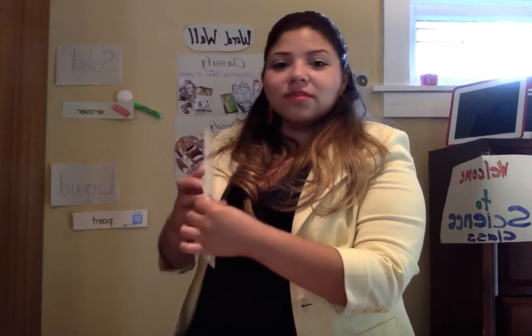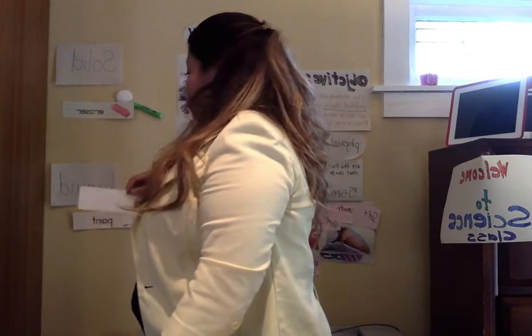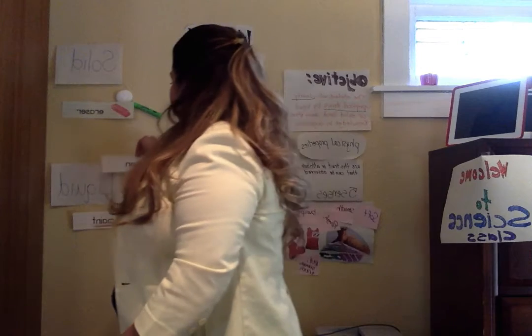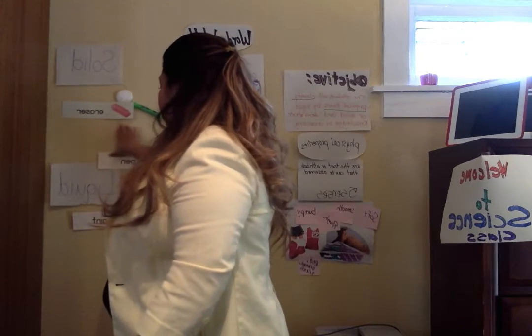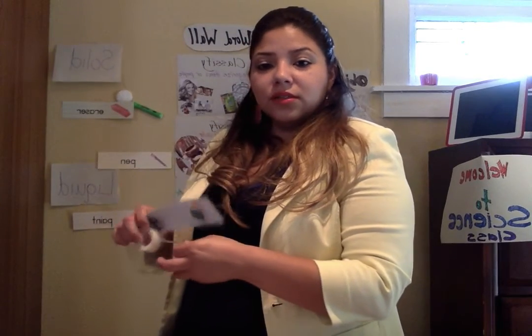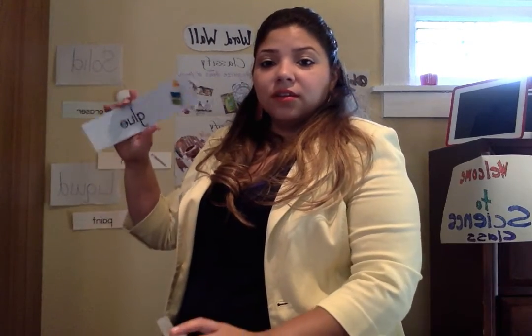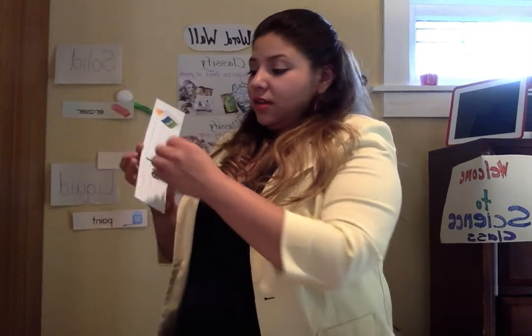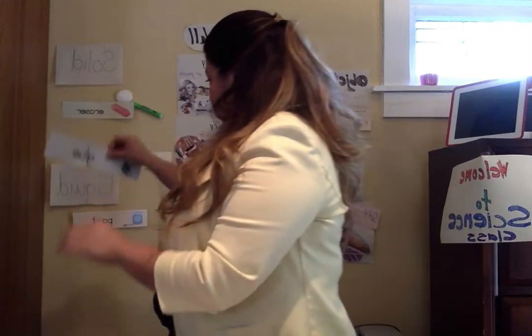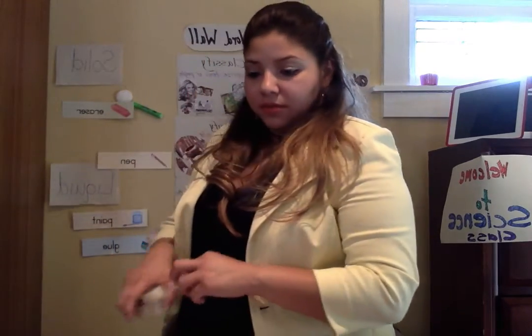So this item could go in between both. Wouldn't you agree? Yes. So let's just go ahead and put it in between the solid and the liquid. Glue. So inside the plastic container, there is a liquid. And then outside is a solid. So we're just going to go ahead and put it in the liquid area.